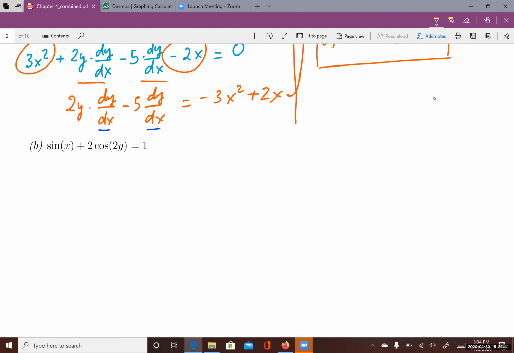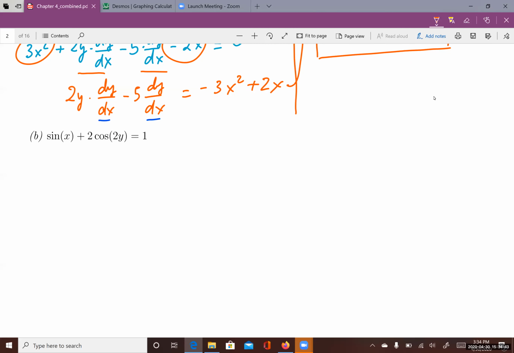Now look at the next example here. Again, I want to find d over dx of both sides.